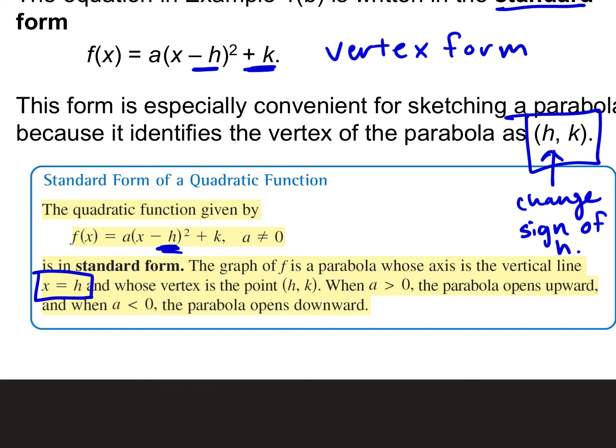So the x value in your vertex is the same as the x value in your axis of symmetry. And then again, the a, that leading coefficient outside, if it's positive, it opens upward. So positive opens upward, negative opens downward.